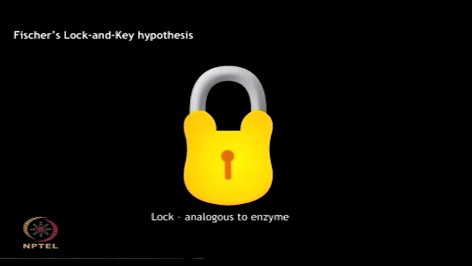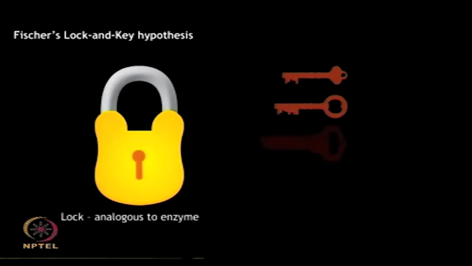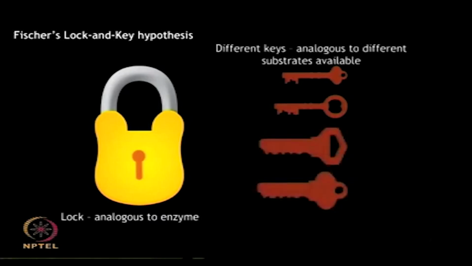Fischer's hypothesis is defined as the lock and key hypothesis. Any lock, which is analogous to an enzyme, can have only one suitable key of appropriate shape and size to open it. The various available keys, which are analogous to the thousands of substrates available, can attempt to open the lock, but only one will be the perfect fit that can open the lock.